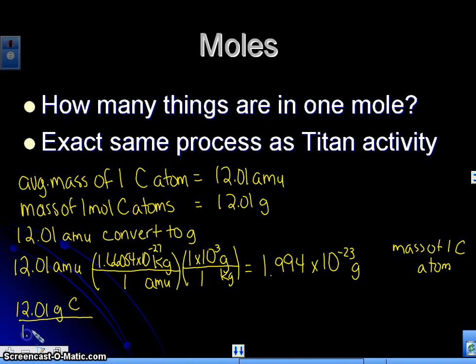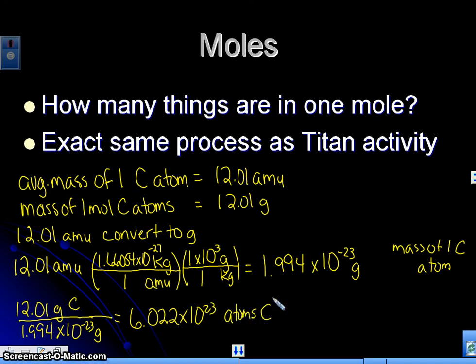So we're going to take 12.01 and we're going to divide by 1.994 times 10 to the negative 23rd grams. And that number gives us 6.022 times 10 to the 23rd atoms of carbon.